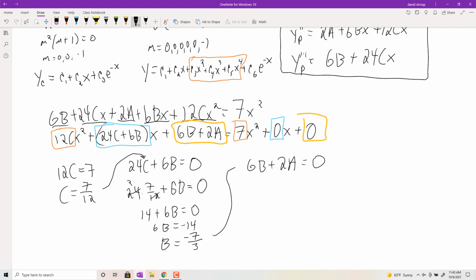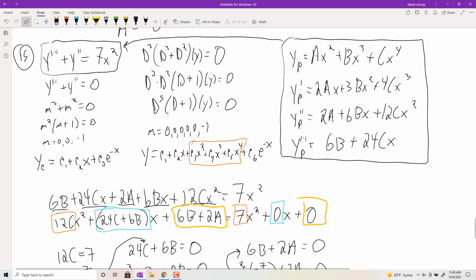And then plop that into here, so 6 times negative 7 over 3 plus 2a equals 0. So 3 goes into 6, 2 times negative 14 plus 2a equals 0, so 2a is 14, so a is 7.